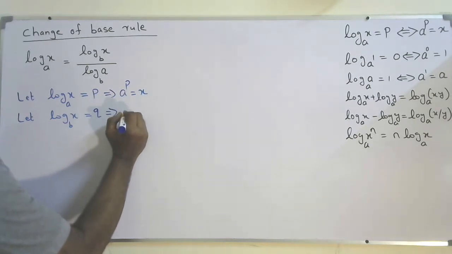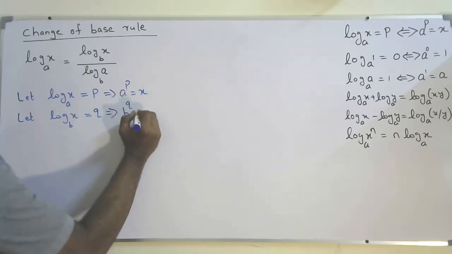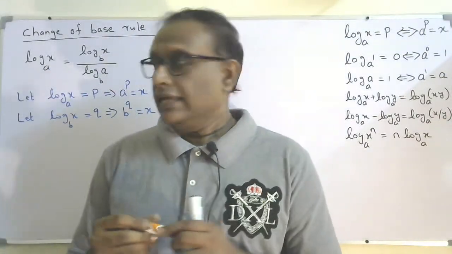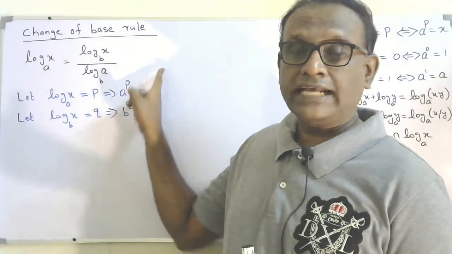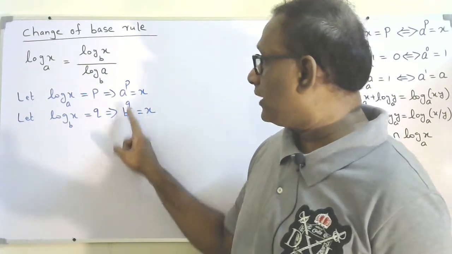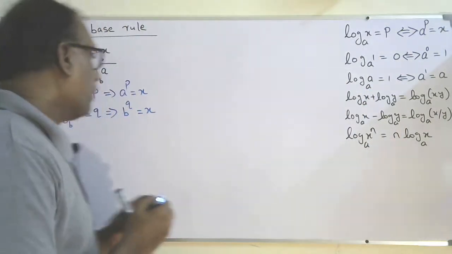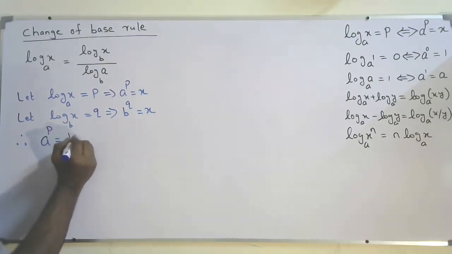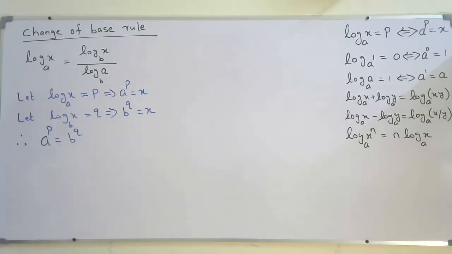From that I can write b to the power q equals x. Now look here: a to the power p equals x, b to the power q equals x, so a to the power p equals b to the power q.